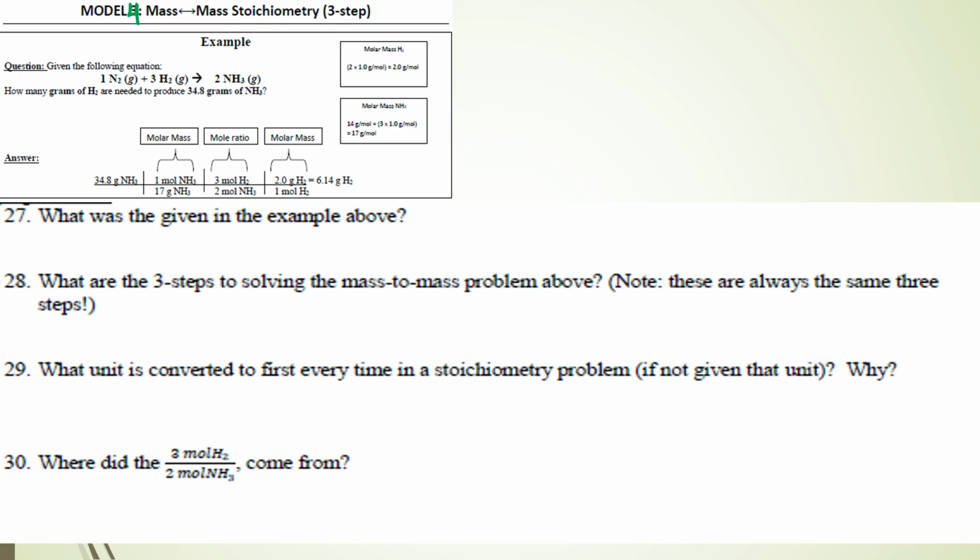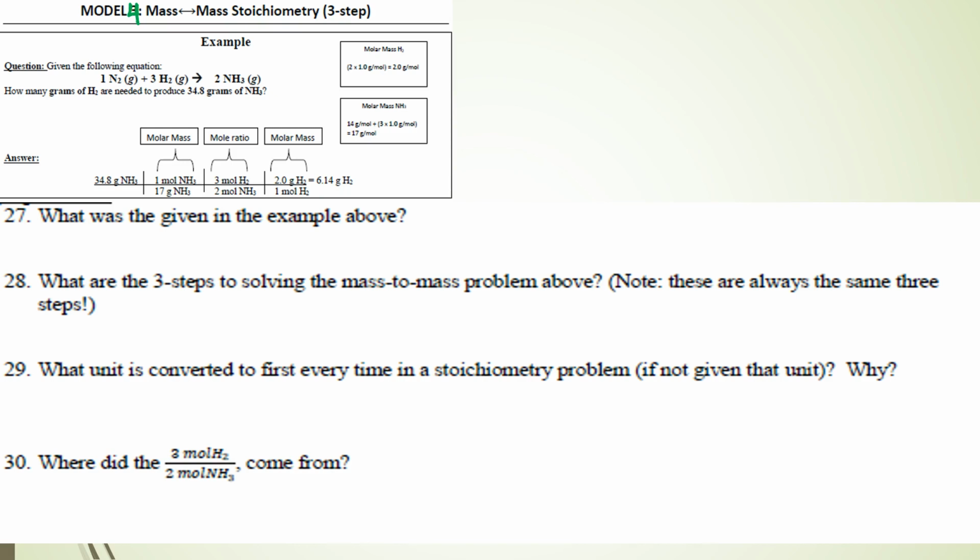All right. So we have the same equation that we've had in every model. Nitrogen gas plus 3 moles of hydrogen gas reacts to form 2 moles of ammonia. And it gives us the question or prompt that says how many grams of H2 gas are needed to produce 34.8 grams of ammonia.